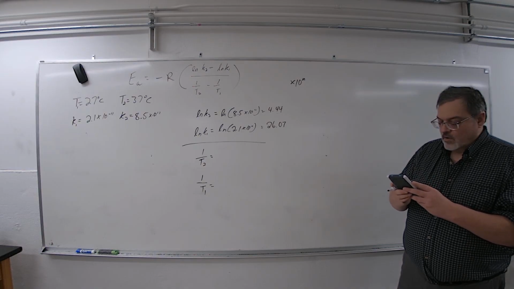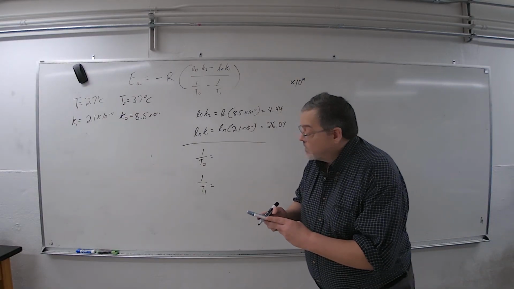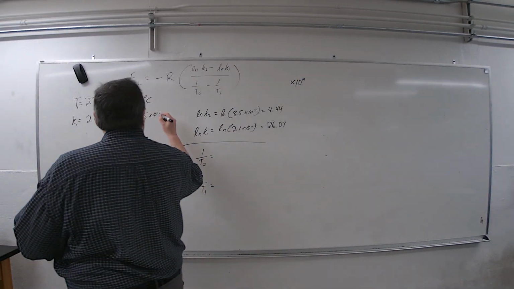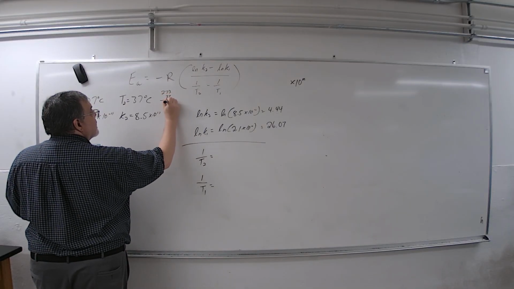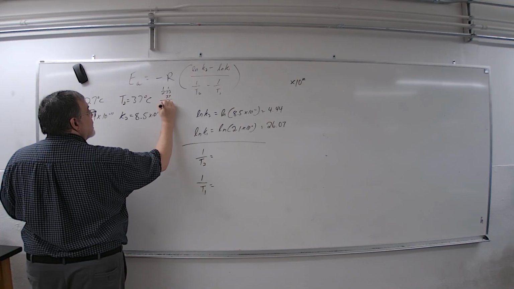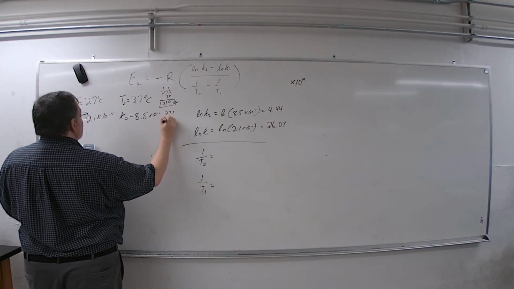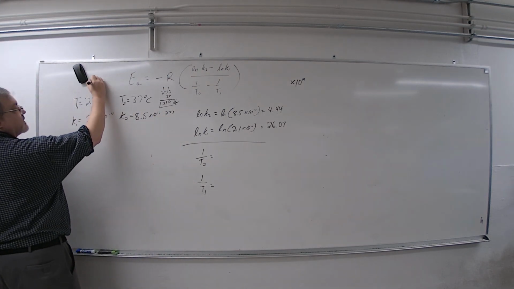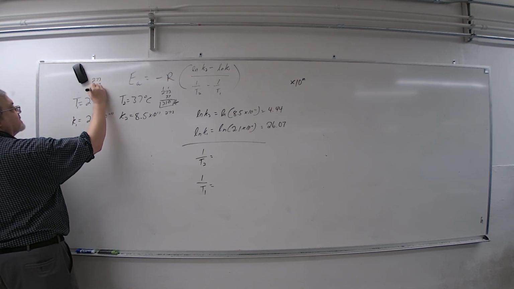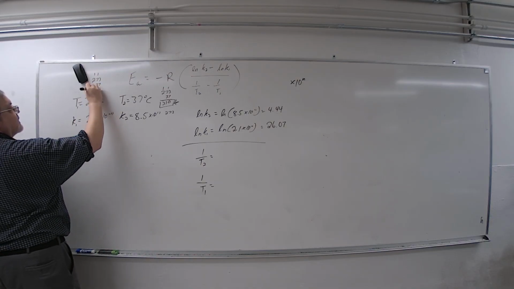Here. 1 divided by T2. Oh, I didn't even work this. So this one's 310K and 273. And this one is 273 plus 27, 300K.